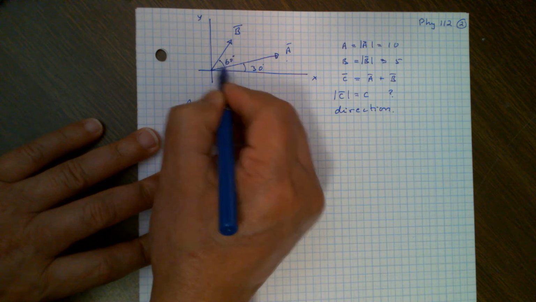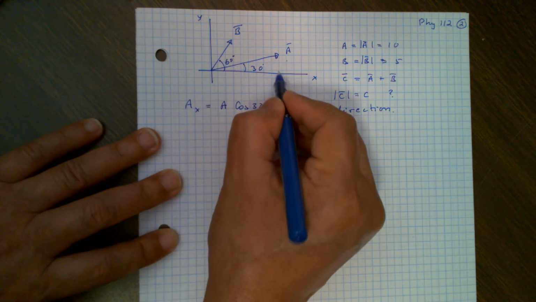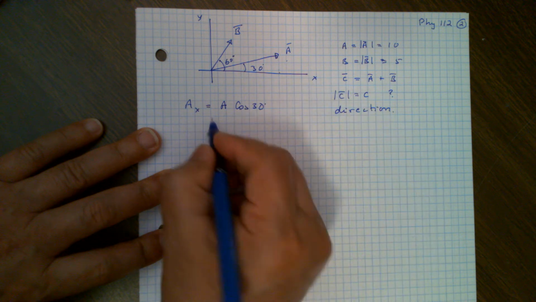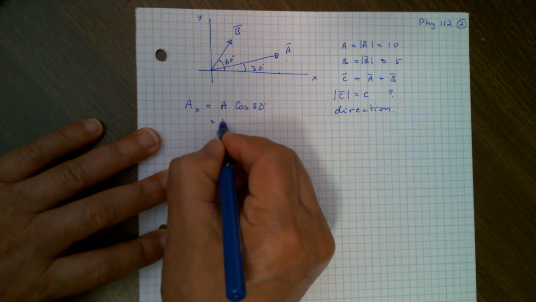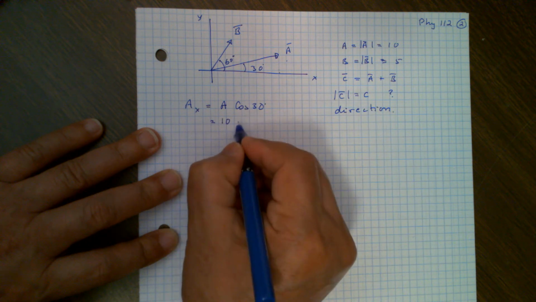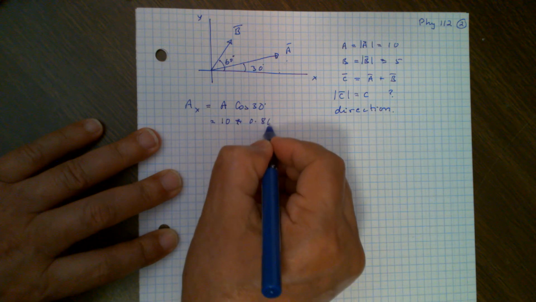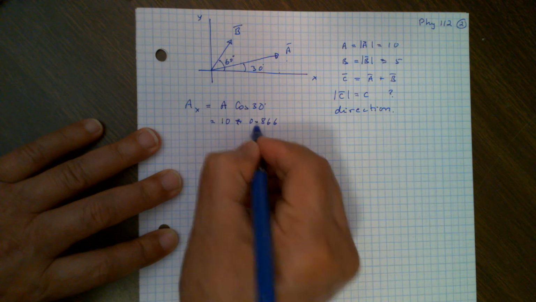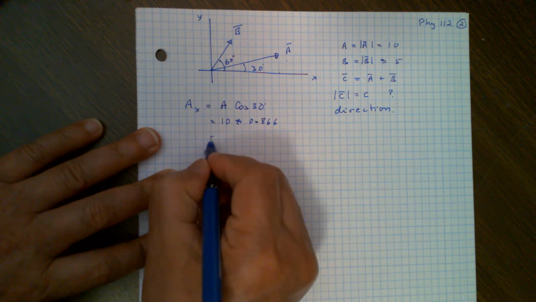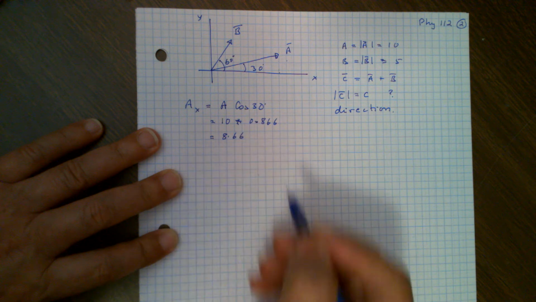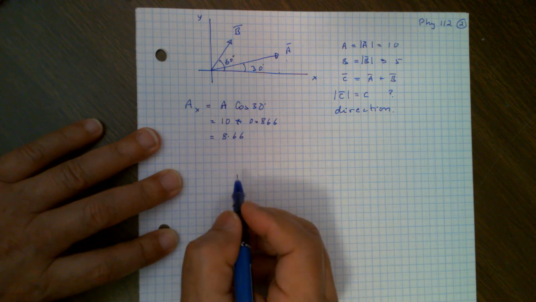And if it is on the opposite side to the angle, it will be sine. So here A is 10, cosine 30 is 0.866. How do I know? I just happen to know this number. And so the answer is 8.66, 10 times that.